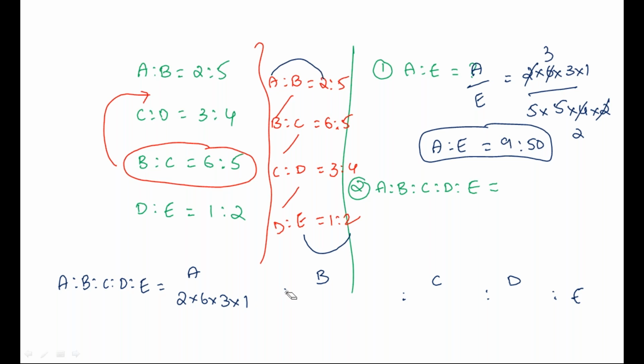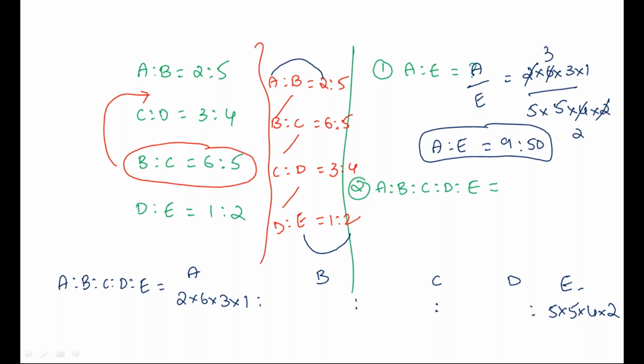Okay, I'll get back to B later. Let me go for E first of all, then we'll get back to C. What is E? Last column, 5 into 5 into 4 into 2.